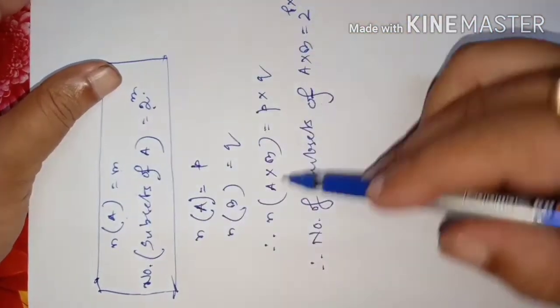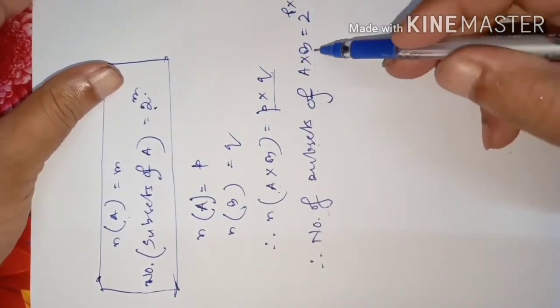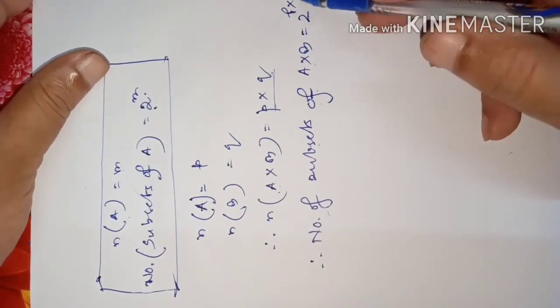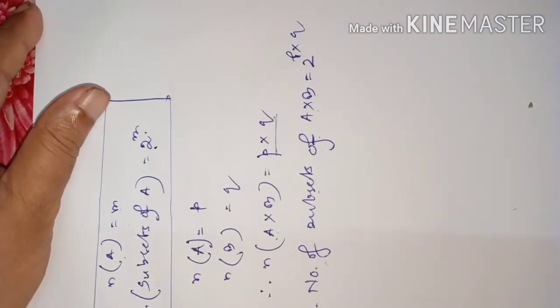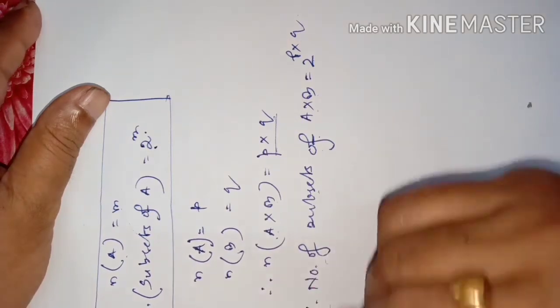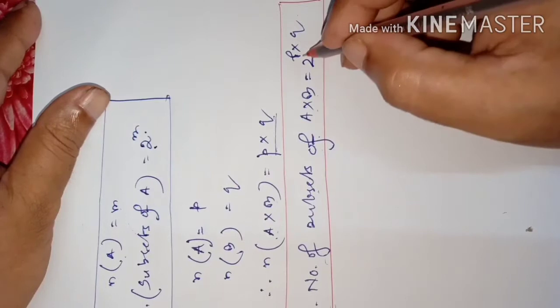Since the number of elements in A cross B is P into Q, the number of subsets of A cross B is 2 to the power of P into Q. So students, you see how many subsets the Cartesian product of A and B can have? 2 to the power of P into Q.